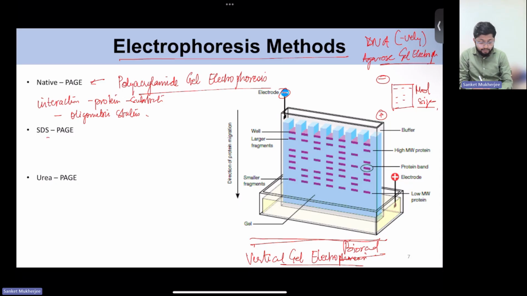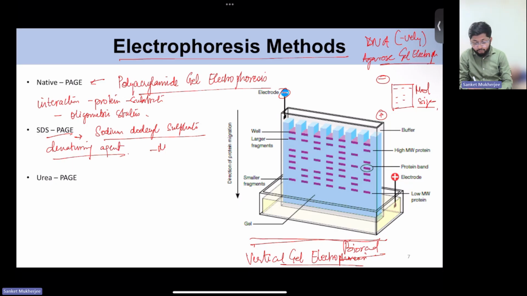In case of SDS PAGE, SDS stands for sodium lauryl sulfate, which is used as a denaturing agent, and you will always get the monomeric form of protein. So in this case, we do not see any kind of interactions.